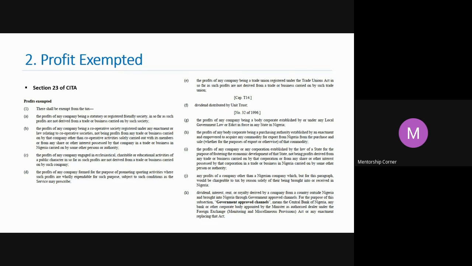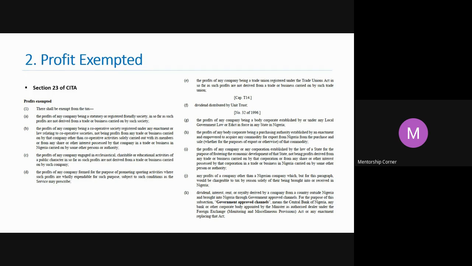Okay, let me see if it's covered here. Okay, so K says that dividend, interest, rent, or royalties derived by a company from a country outside Nigeria and brought into Nigeria through a government approved channel.